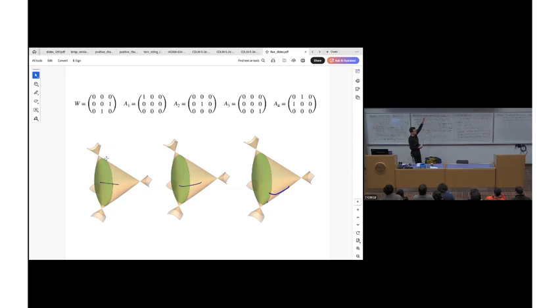As epsilon gets closer and closer to 0, the intersection point with the spectrahedron gets closer and closer to the minimizer of the SDP, which is the little blue dot on the right. That's the geometric picture.